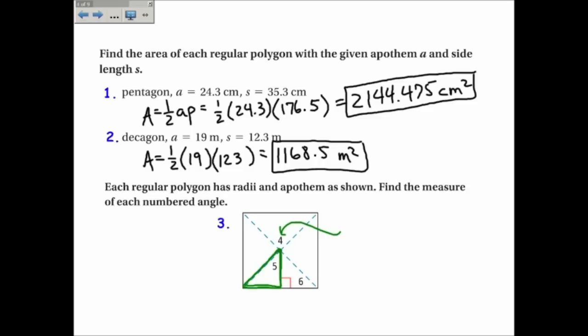But in general, we'll take 360, which is the angle all the way around, and divide it by the number of sides, and we get 90 degrees. Angle 5 is half of that, half of 90 is 45 degrees. And then angle 6, the other angle, will also be 45 degrees.